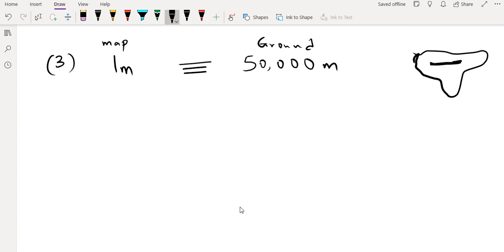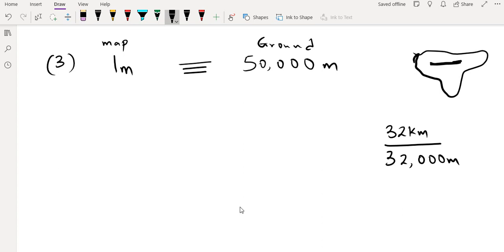So if this is the scale, they are saying that from Ogan to Akbar is 32 kilometers, right? Yes. And you know 32 kilometers is what? 32,000 meters.